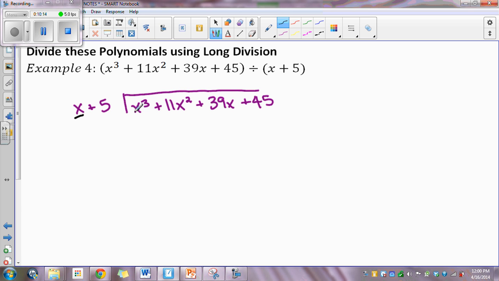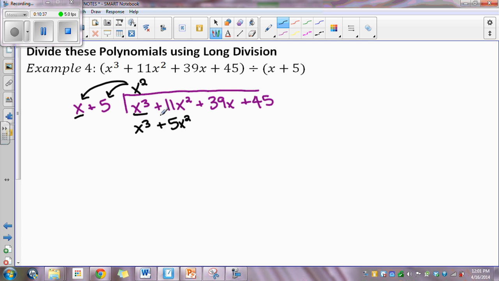So look at our first terms. To get from an x to an x cubed, we need an x squared. And when we multiply the x squared on both of those terms on the outside, we end up with x cubed plus 5x squared.